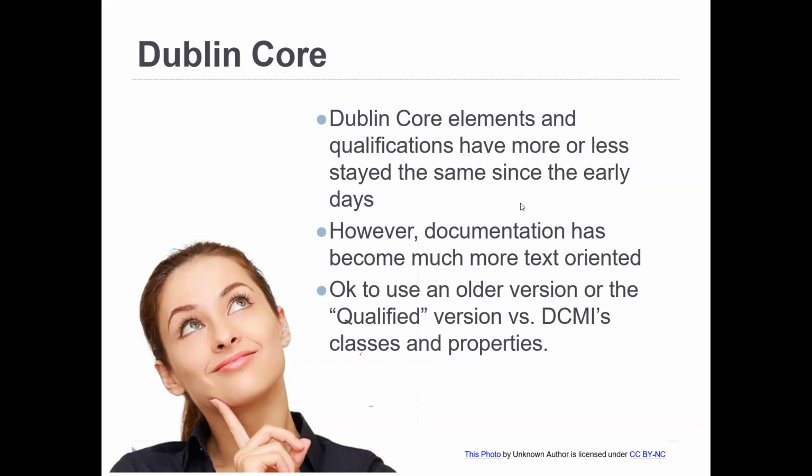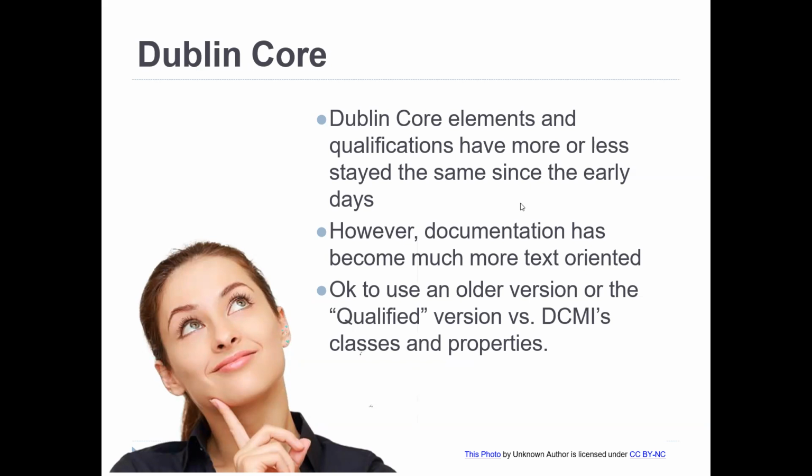So I'm okay with you using an older version of Dublin Core if you want to use the qualified set. If that works for your particular project, that's okay with me, because you need to be able to look at the elements and make those recommendations for what's going to be mandatory and what's not going to be mandatory.